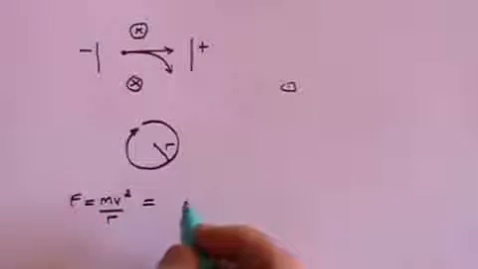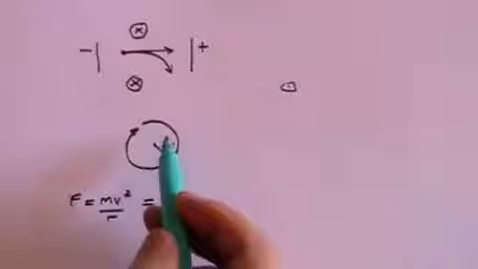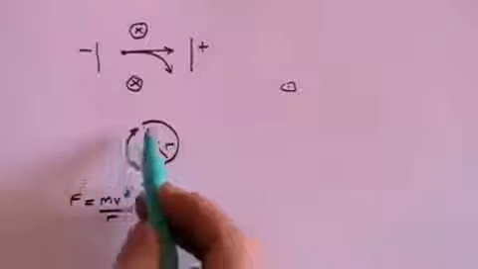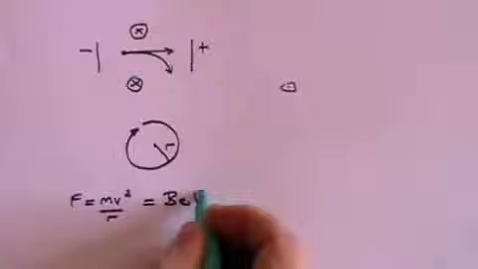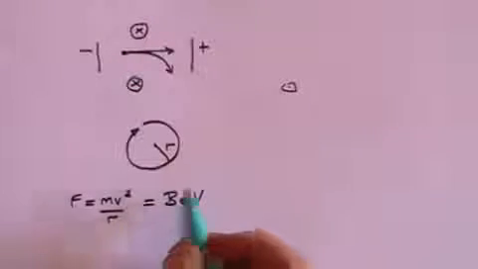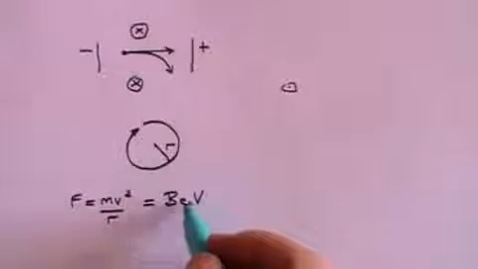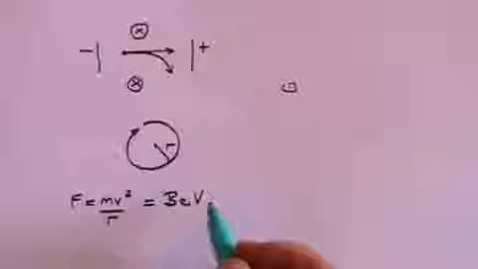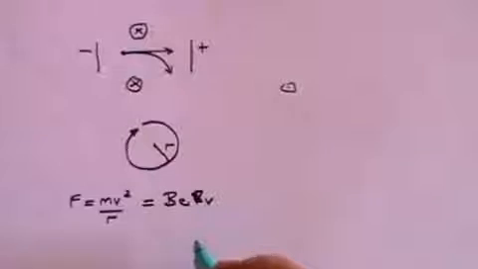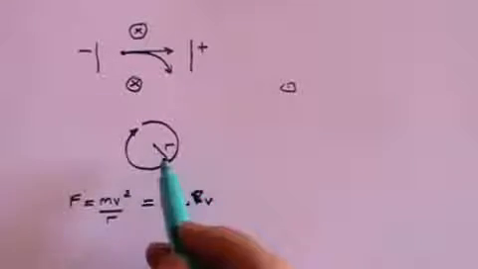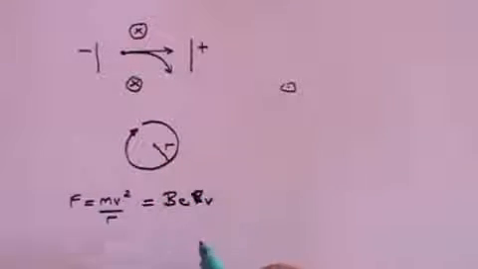But we've also shown in the video on electromagnetism that the force that keeps a charged particle going round in a circle in a magnetic field is Bev, where B is the strength of the magnetic field, e is the charge on the electron, and v, sorry, that should be a small v, it's not voltage, is also the velocity of the particle going round in a circle.